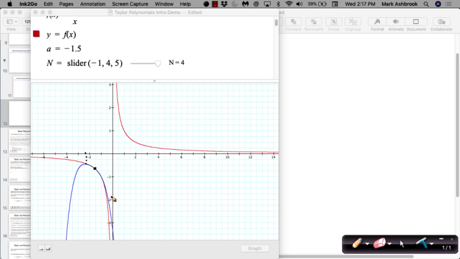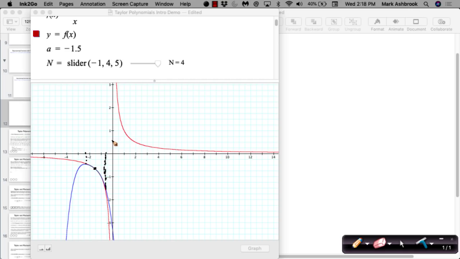So here, for the quartic, it's pretty good, all the way from about 0.5 to 2.3 or something like that. So then as soon as you get outside that range with the quartic polynomial, it doesn't do a good job anymore.